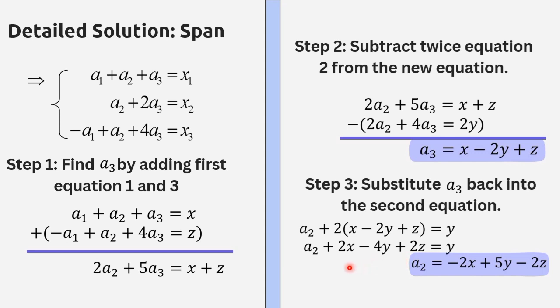So we got the value a sub 2, which is equal to negative 2x plus 5y minus 2z, which in original form is a sub 2 equals negative 2x sub 1 plus 5x sub 2 minus 2x sub 3. So we've already got the values for a sub 3 and a sub 2, and the only thing that we haven't found yet is the value of a sub 1. So let's go and find a sub 1.